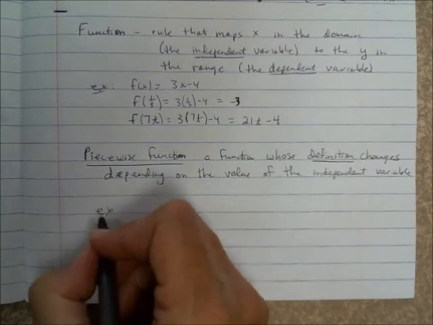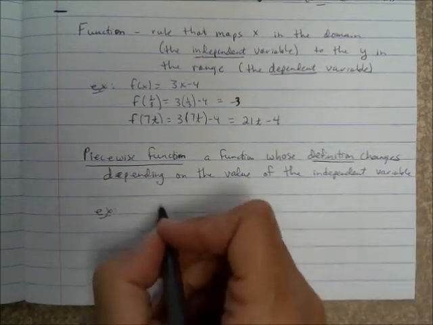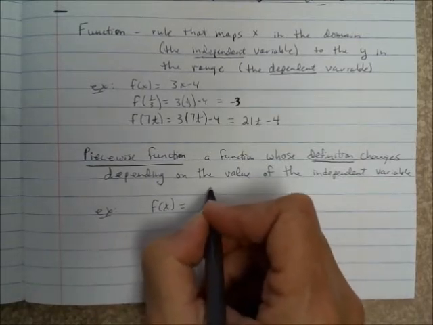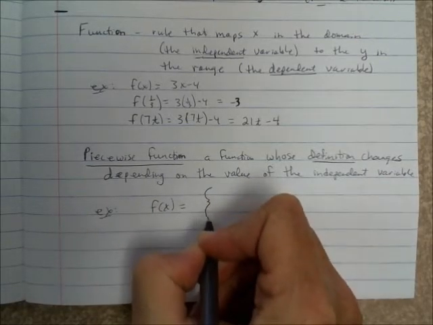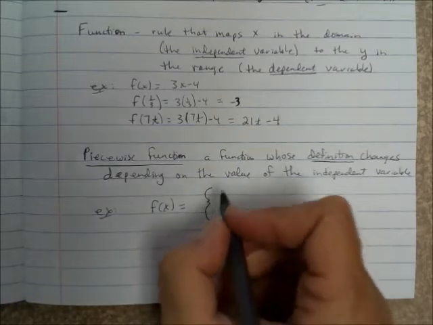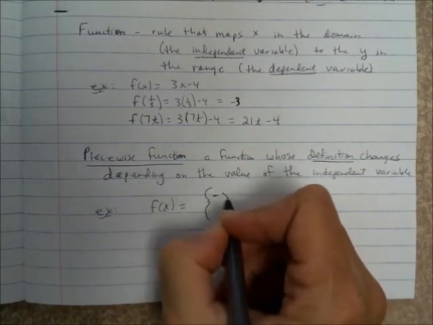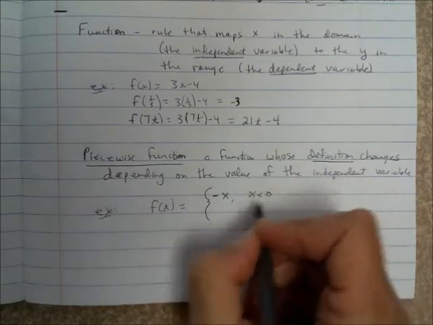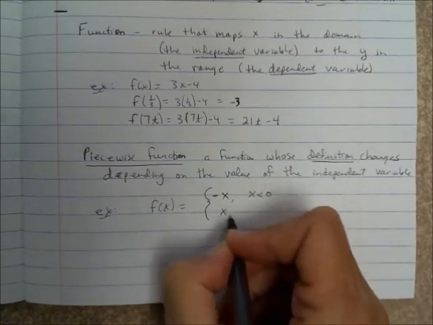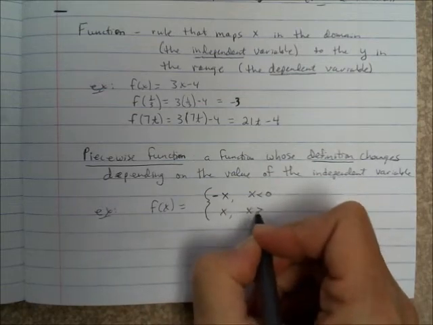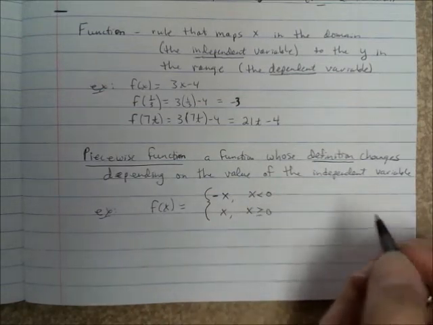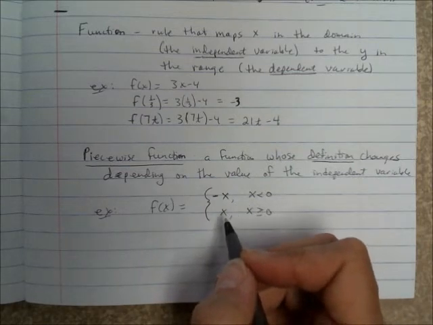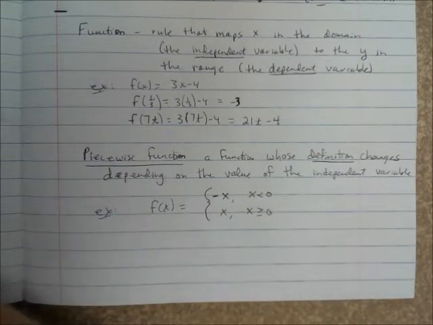For example, here's a piecewise function, a very common one. Let's say f of x is equal to, and piecewise functions are always denoted by some kind of a bracket like this. And let's say it's equal to -x, and that is only when x is negative. And f of x is equal to +x, and that's when x is greater than or equal to 0. And what we're going to do with this function is we're going to just evaluate it at some different values of x.